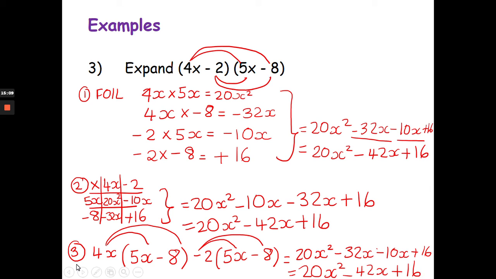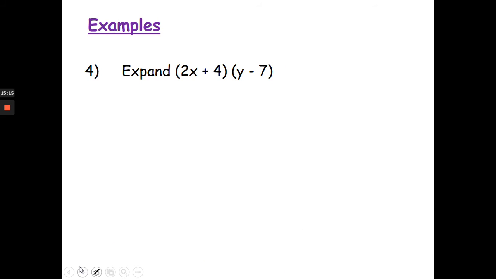Okay, so we've seen some different examples with negatives, positives and coefficients. We're going to go through what happens when you have different letters this time. So I will use FOIL to do this example, and if you prefer the other two methods, then you can have a go at doing it with the other two. So first, 2x times y gives me 2x times y.